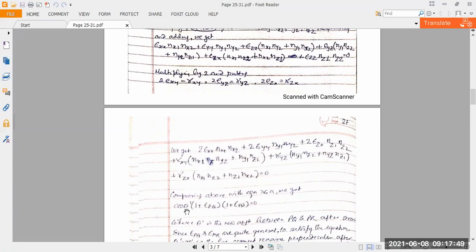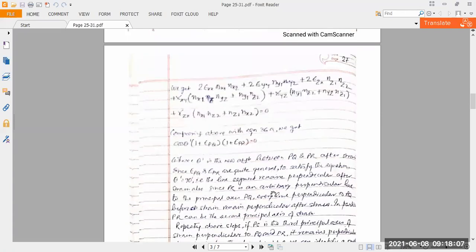So if we multiply cos theta dash by (1 plus EPQ) and (1 plus EPR), this will become 0, because the angle in between is 90 degrees and its cosine is equal to 0 itself, where theta dash is the new angle between PQ and PR after strain. To satisfy this equation, neither EPQ nor EPR can be equal to 0 in order to make the equation 0.